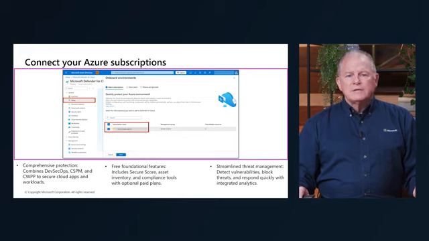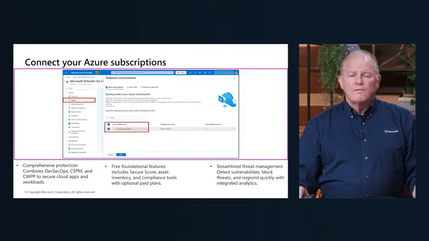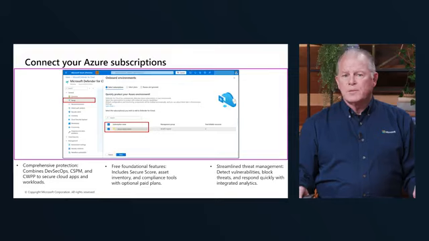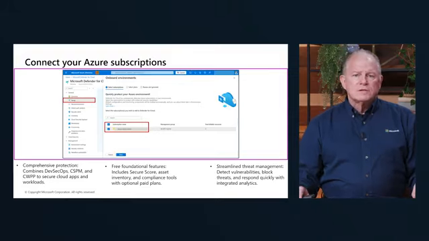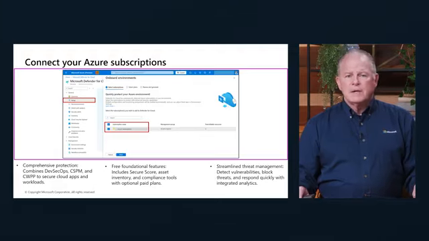To connect your Azure subscriptions to Microsoft Defender for Cloud, navigate to the Azure portal and select Microsoft Defender for Cloud from the menu. From there, you can enable Defender for Cloud for your subscriptions, ensuring that all resources within those subscriptions are protected. Microsoft Defender for Cloud offers various Defender plans, including Defender for Servers, Defender for Storage, Defender for Databases.